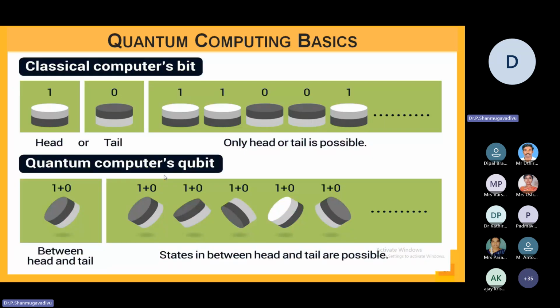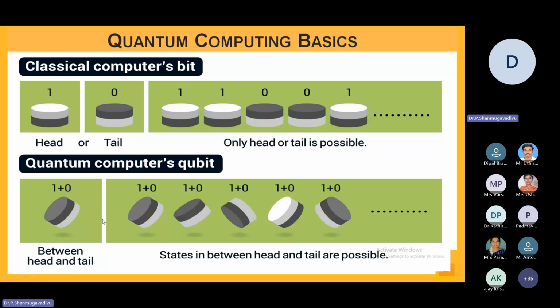This diagram will help you understand the classical computer's bit and the quantum computer's qubit. Now, if this is head and this is tail, head means 1, tail means 0. Here this is only head, only tail, only head like this. When this is tail, then all of them are tail. When you compare them, this is neither head nor tail.